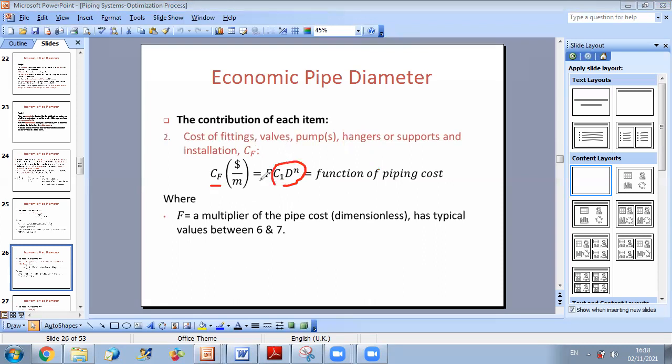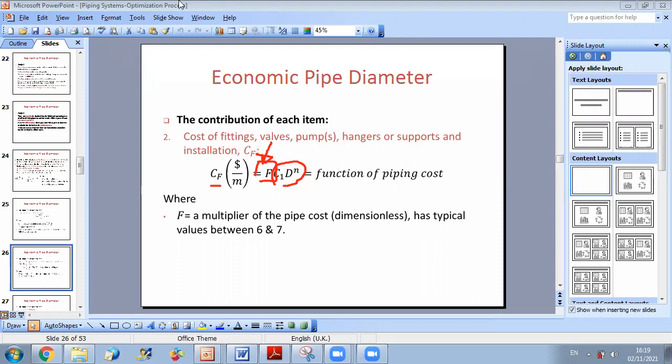We can define a factor which is a multiplier of the pipe cost, and it has typical values between 6 and 7. يعني عادة إذا cost of piping, let's say $1,000 for example, بيطلع عنا fittings و valves و pump between $6,000 and $7,000. So this multiplier factor will also be provided for you. Okay, so now you can express both pipe cost and fittings, valves, pumps, and installation cost as functions of D.